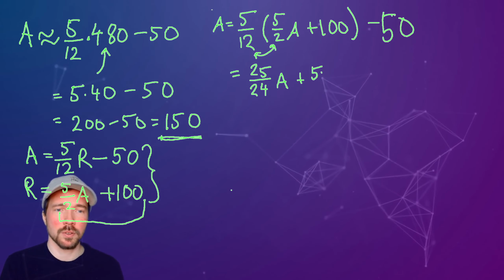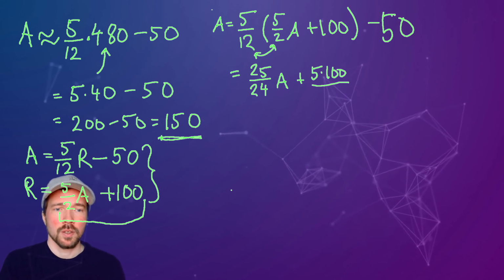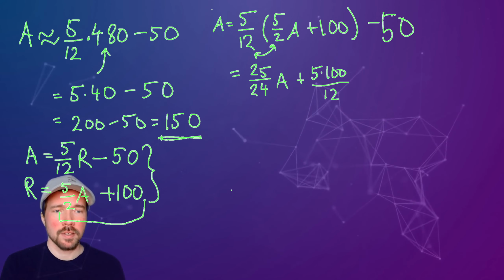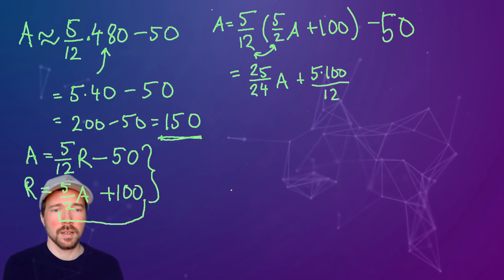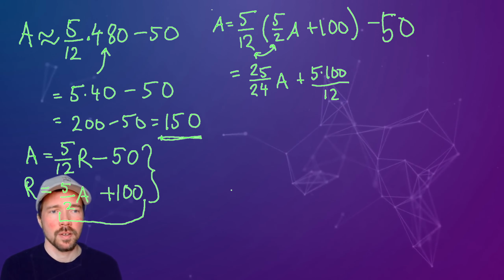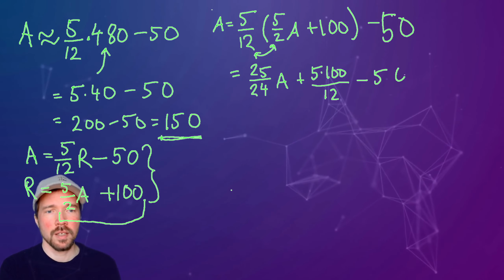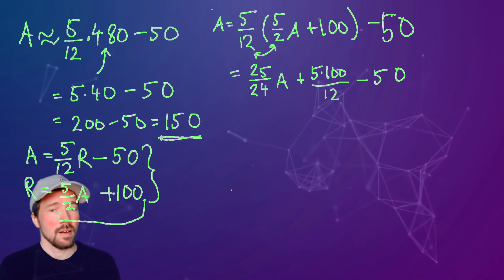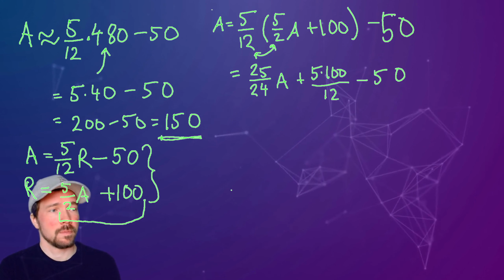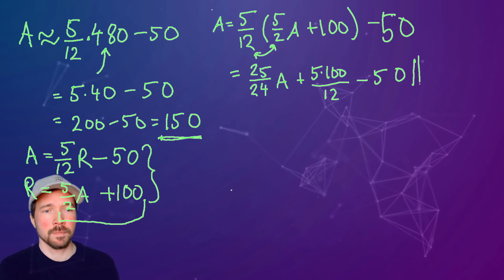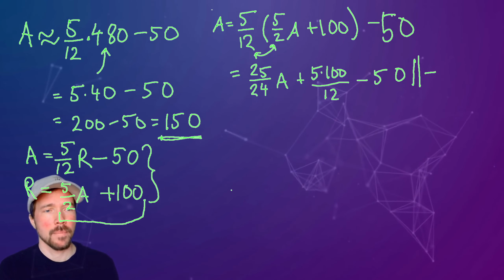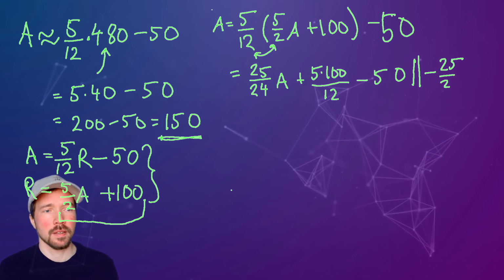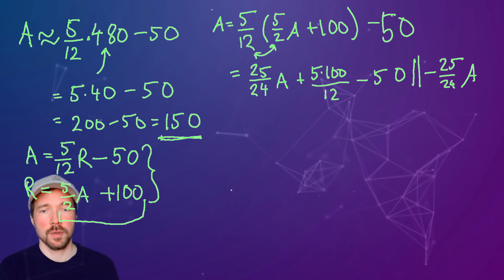I'm not going to calculate this because it looks like it's not going to be an integer, and then minus 50, and from this we can solve A by subtracting this.